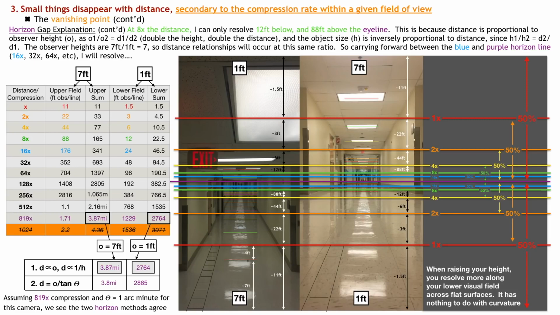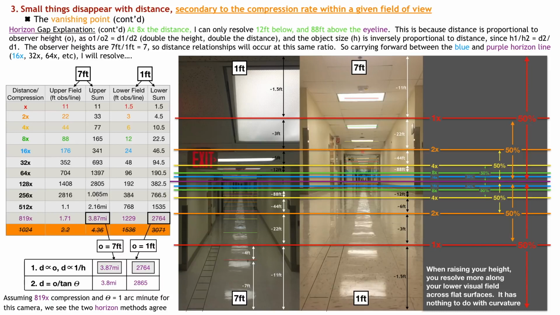So this is a bit more analysis of how we can apply the formula of H1 over H2 equal to D2 over D1, or essentially how things get smaller with distance. If we double the distance, we halve the size.